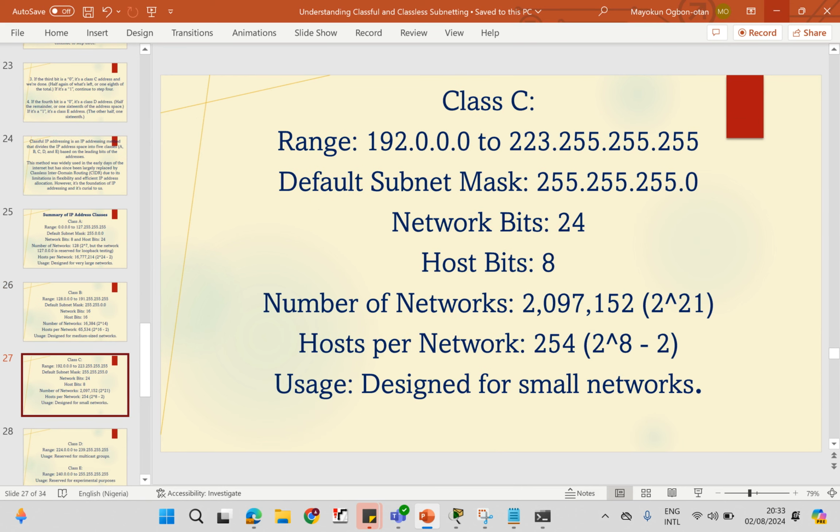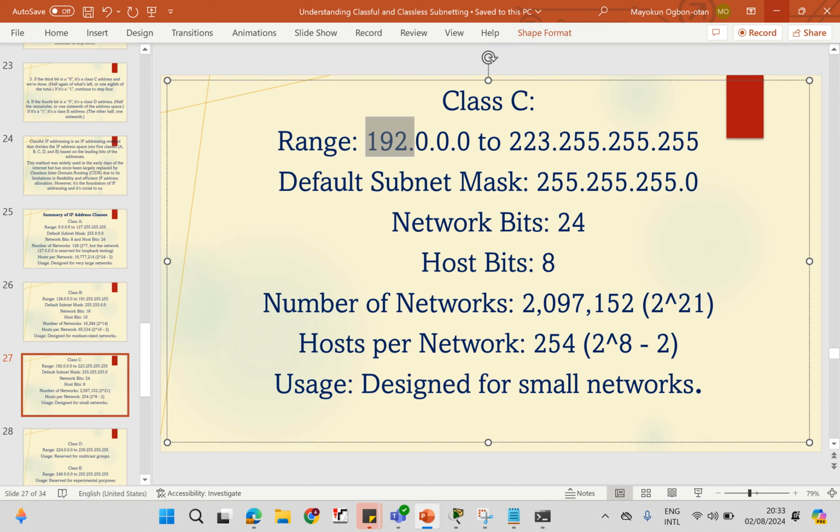Class C, that we are very familiar with, 192.0.0.0 to 223.255.255.255, and the default subnet mask is 255.255.255.0.